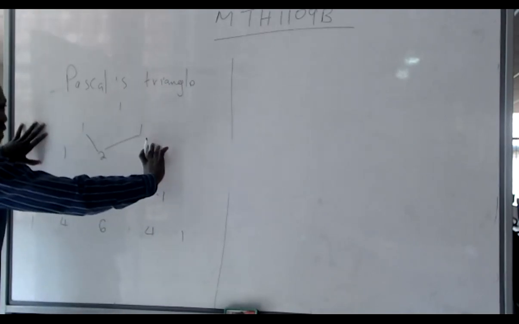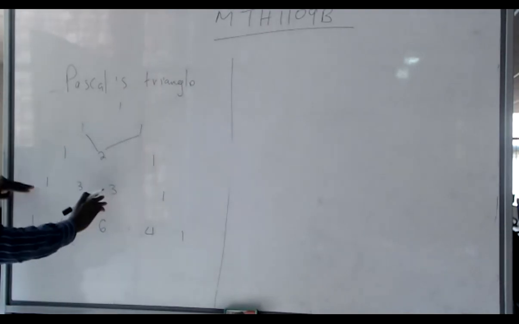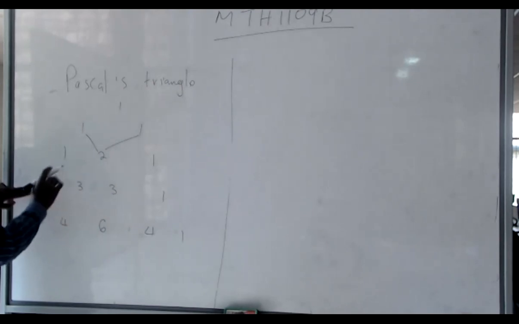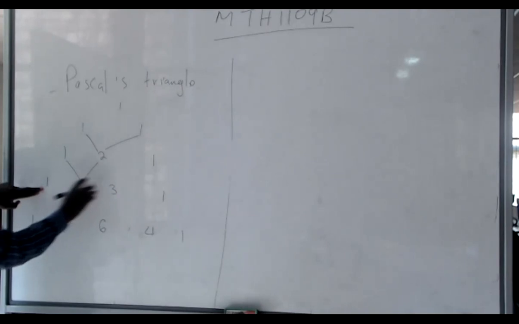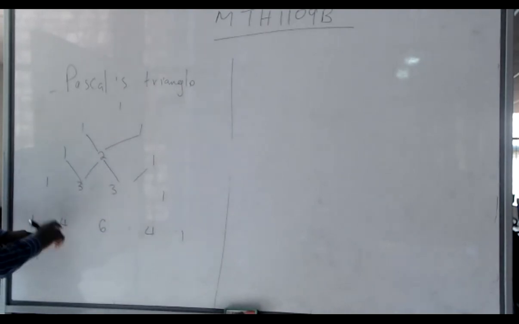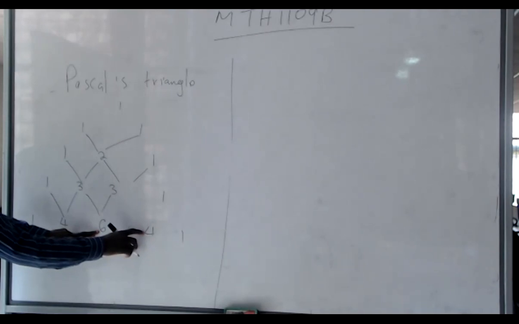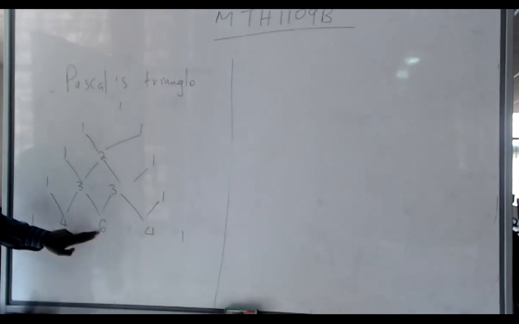There will always be 1s at the ends, but for you to get this 2, it's 1 plus 1. Moving to the third row, there's a 1, and then for you to get this 2, add 1 plus 1. For you to get this 3, you add 2 plus 1. For you to get this 4, it's 1 plus 3. For you to get this 6, it is 3 plus 3. For you to get this 4, it's 3 plus 1.